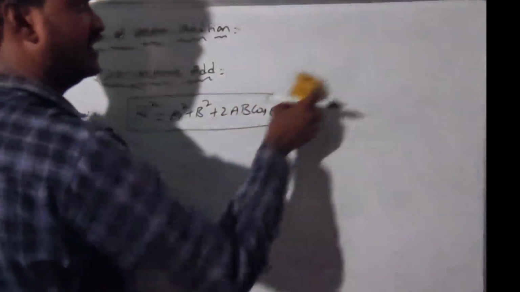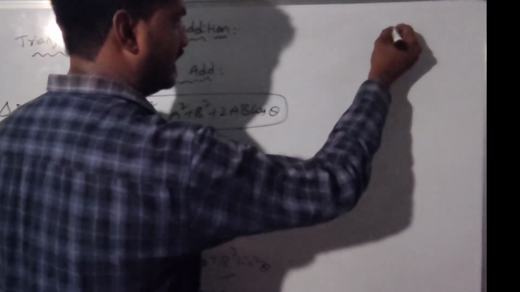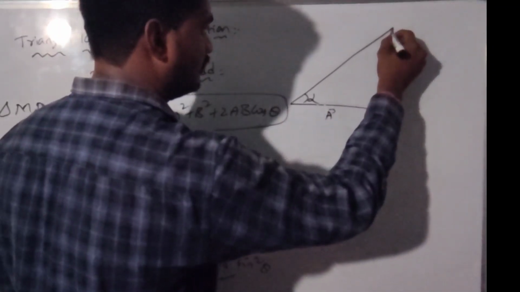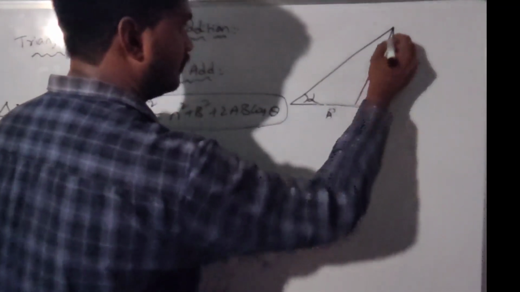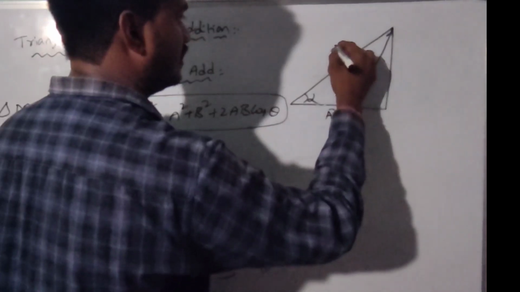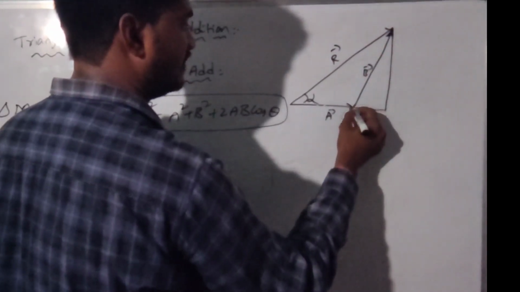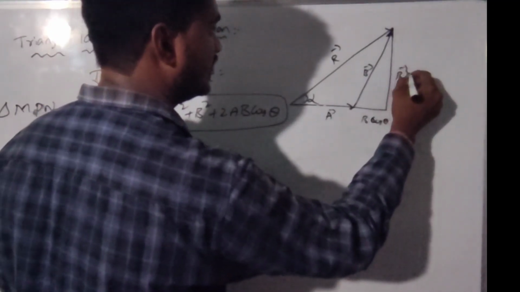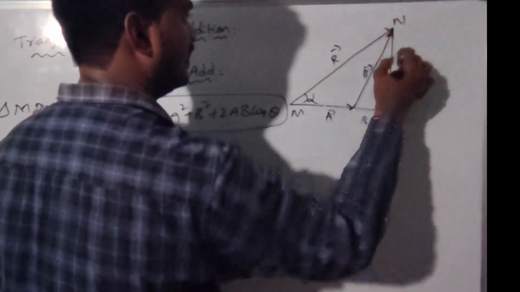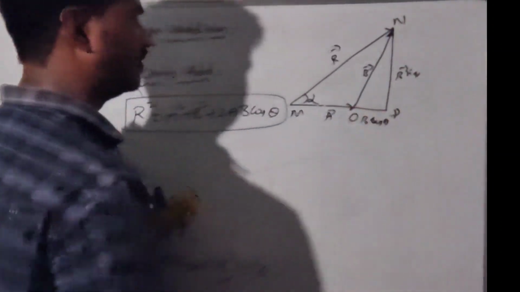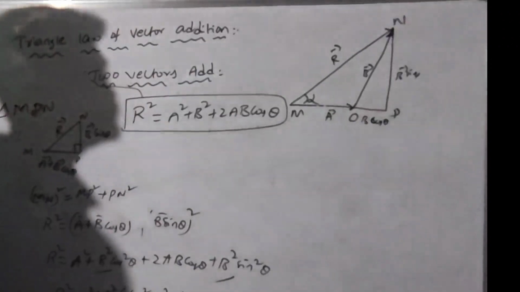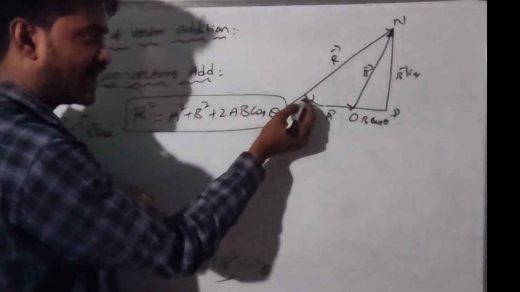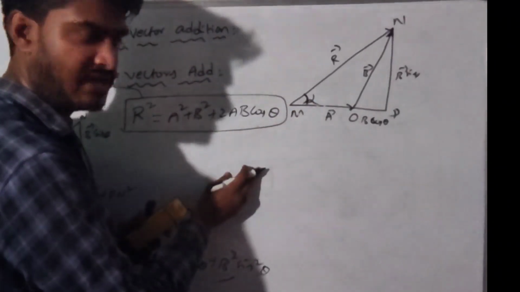Okay, now what is the direction? Direction is very important here. We take the triangle with A bar, B bar, R bar, and alpha as the direction, along with B cos theta and B bar sin theta, M N O P. Now triangle MNP, with respect to this angle, we should take the angle of the resultant.